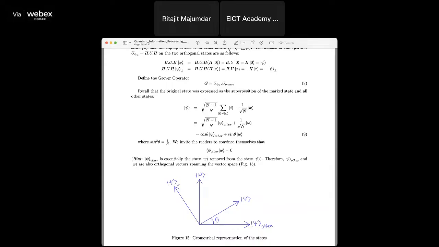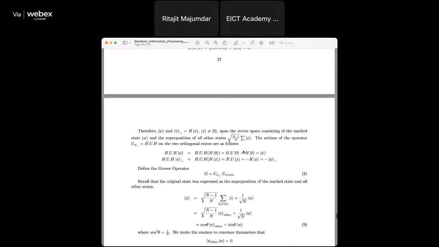This is something we also wrote before in the previous method. I can always write this as cos theta and this as sin theta, and here sine square theta becomes 1 over n. So I can represent this psi as cos theta psi other plus sin theta W.